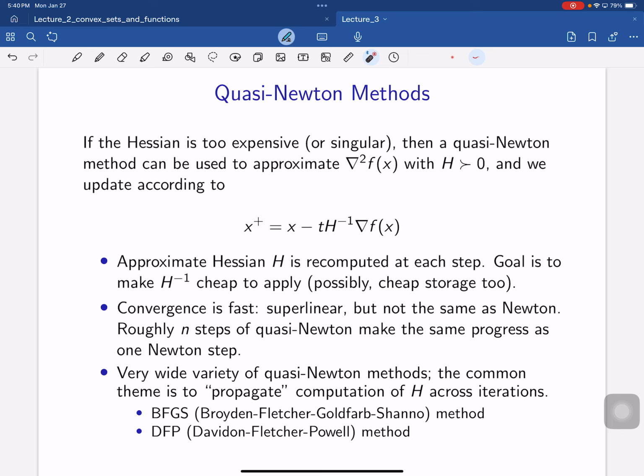The idea of quasi-Newton methods is to use an approximate Hessian. There are different ways to approximate the Hessian, and those methods are known as quasi-Newton methods. These are probably the two well-known quasi-Newton methods, called BFGS and DFP. Both of these are named after the people who invented them.